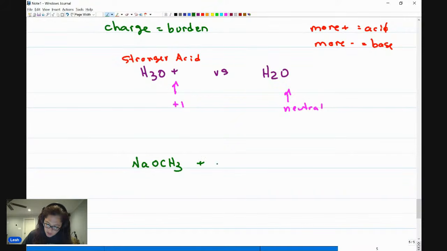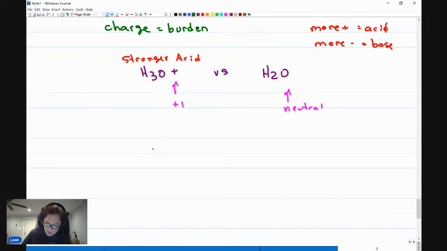I'm jumping ahead of myself. This is too advanced for what we're doing right now. If someone reminds me, I'll bring this one up again. I can't think of an example right now without going into some of the more advanced stuff. So let's just leave it very simple. H3O plus versus H2O, that's the stronger acid.